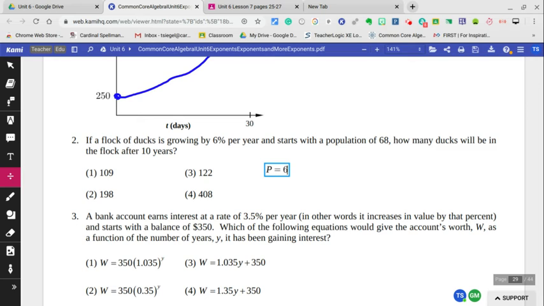So we have 68, and then we're going to do 1 plus 0.16, the percentage in decimals, raised to, we can use the x power. Well, I guess we could just raise it to the 10th power.